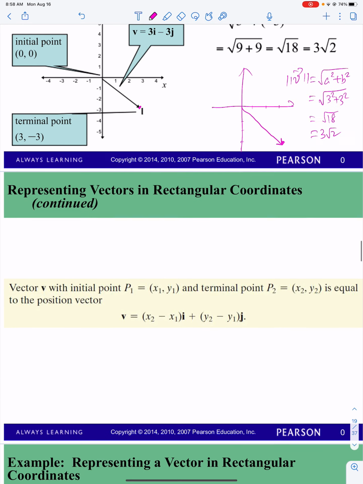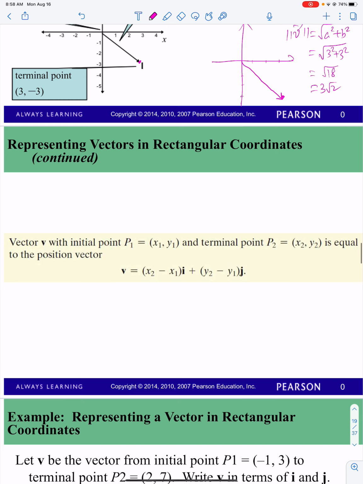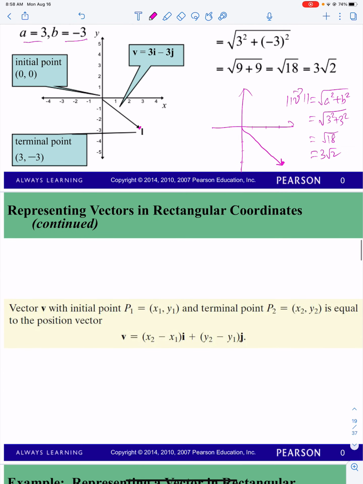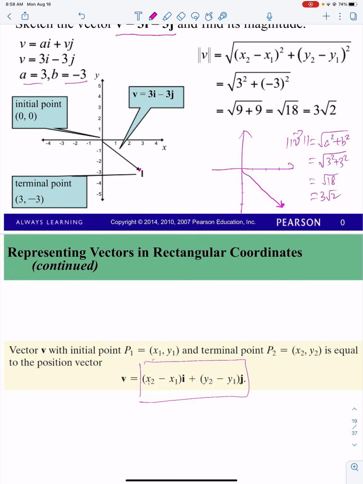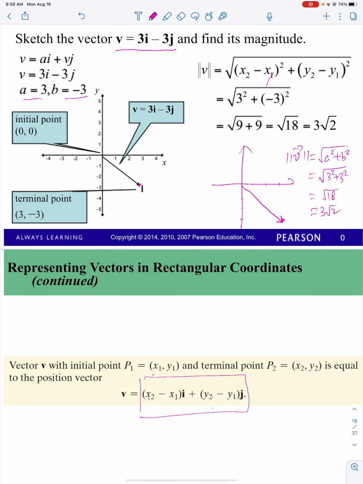Okay, so the other way to represent vectors is with the initial point and the end point. So for P1P2, the vector is (x2 minus x1)i plus (y2 minus y1)j. I think on the top example they have already used this here.